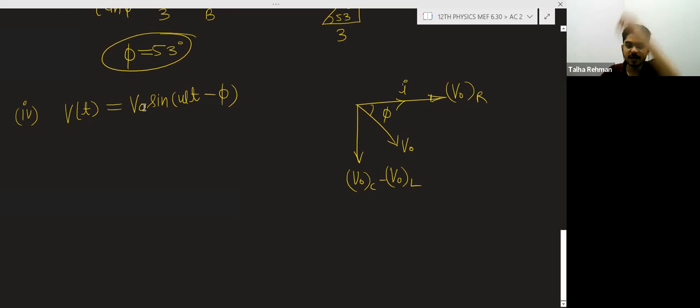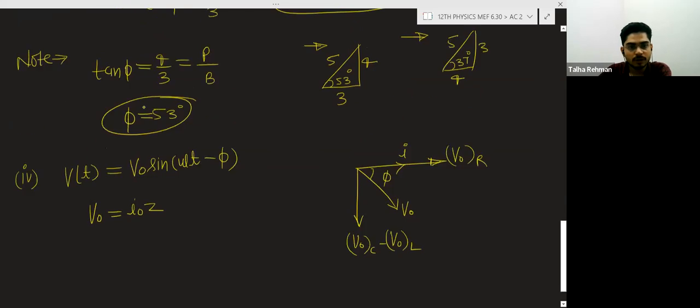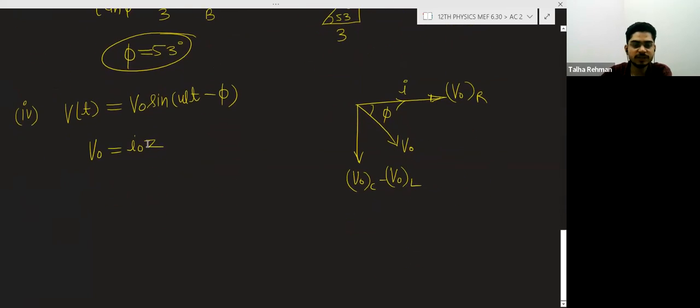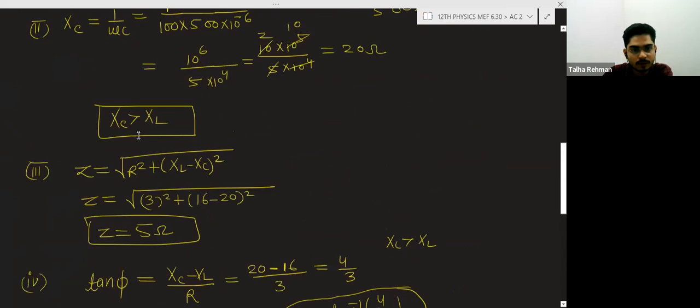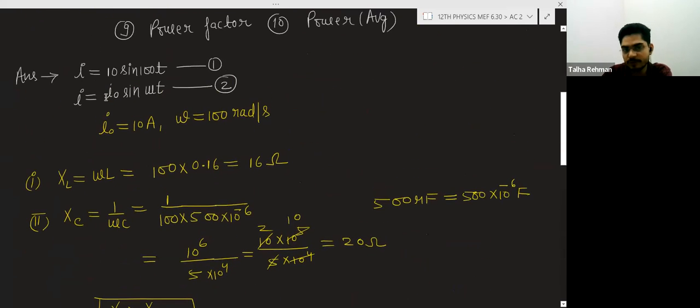Phi we know, omega we know, V naught we have to calculate. How to calculate V naught? V naught is equal to I naught into Z. Z we know. When we compare this equation, I naught we have already calculated, that is 10 ampere.